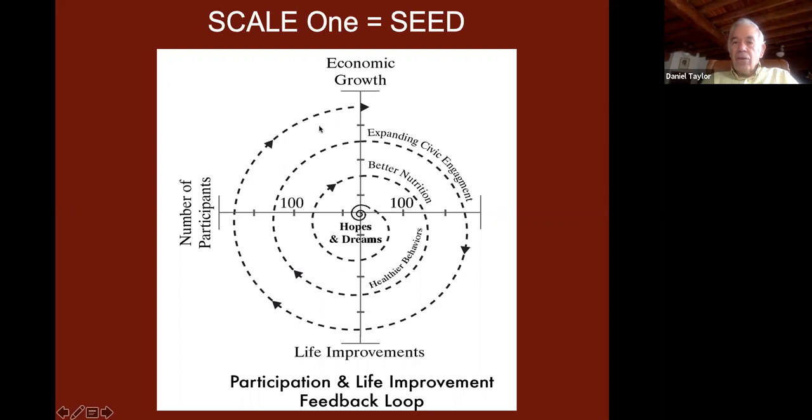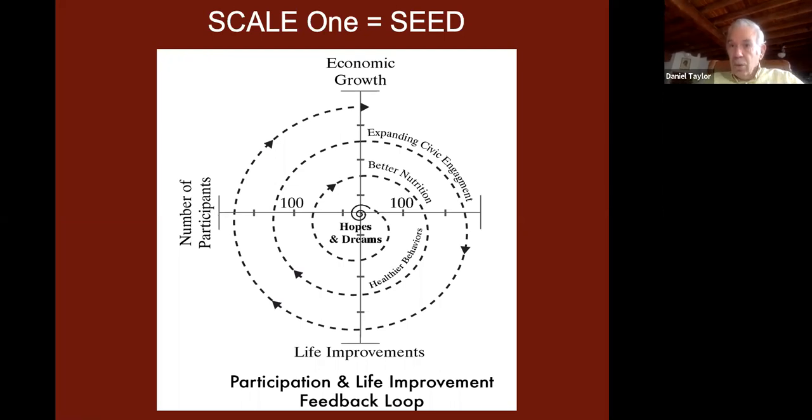These two features, the power of economic growth and the power of rising life improvements, are like a fuel for causing that revolution of rising aspirations to grow. And then you get the qualitative and quantitative expansion happening. So on this part of the graph, you get the number of participants growing.